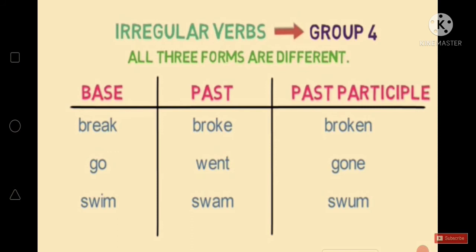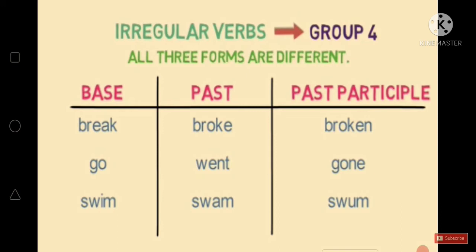And group 4, all three forms are different. So break, broke, broken. You can see the spelling. Break, different spelling we get. Broke is different from break, and broken is different from broke. So all three forms are different.